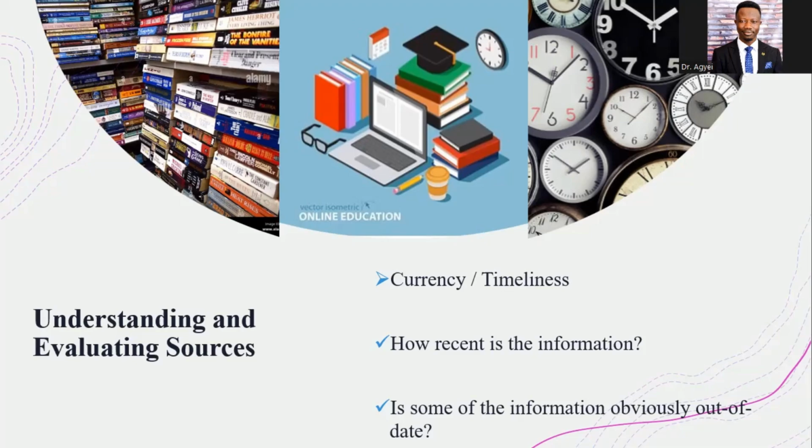Some educational institutions give a timeline, in the sense that they can even limit you so that your materials must be from this period up to the current period. So you need to take note of that. If your institution has those kinds of policies and you go beyond it, at the end of the day, your references and your citations will not be appropriate, and it will not meet the objectives of your studies.